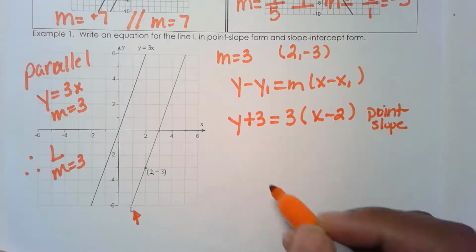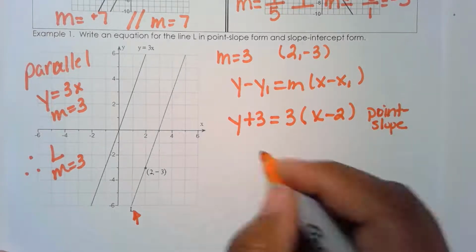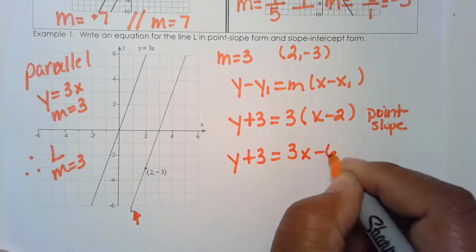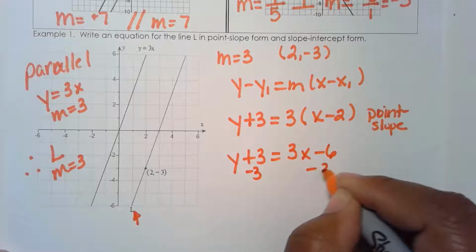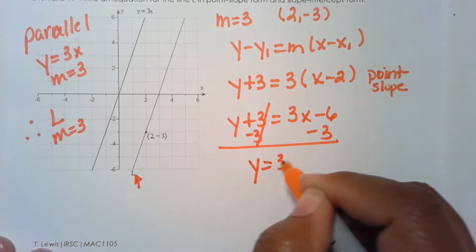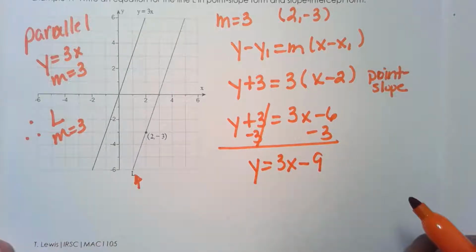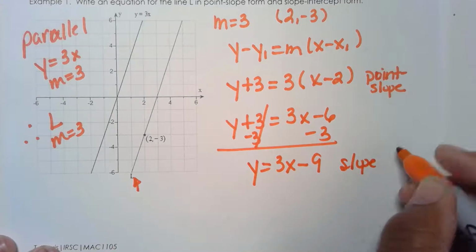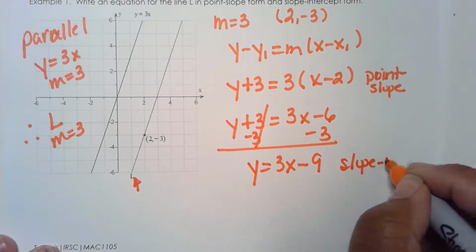Let's write our answer in slope intercept form next. We're going to distribute the 3. We have 3x minus 6, and then subtract 3 from both sides, and we have y is equal to 3x minus 9. And this is slope intercept form.